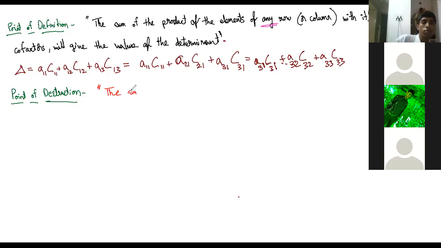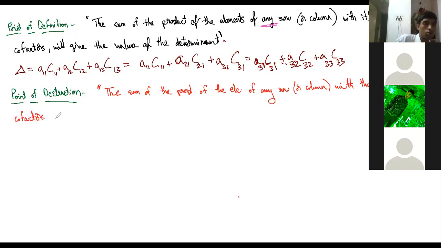The sum of the product of the elements of any row or column with the corresponding cofactors of elements of any other row. मतलब not that row, but now you multiply it with the corresponding elements of some other row.